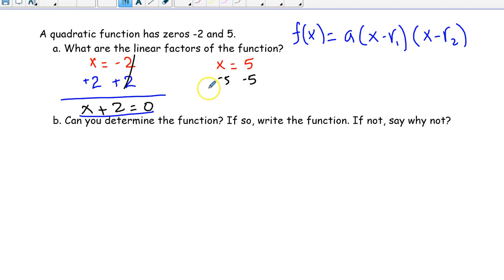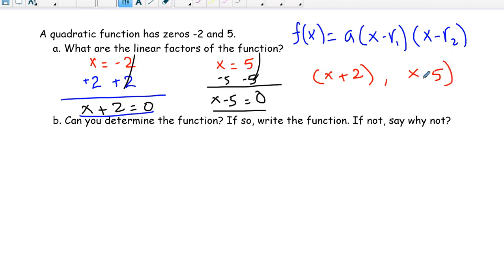That is, subtract 5 on both sides to give x minus 5 is equal to 0. Cancel this with the 0. So those are the two linear factors. What is the first one? X plus 2, you got one factor, and the second one is x minus 5.